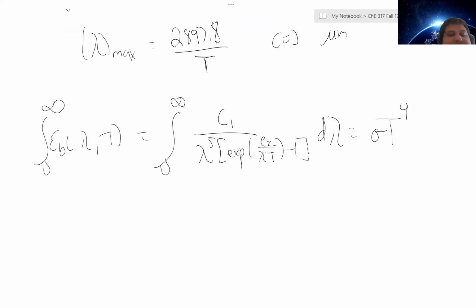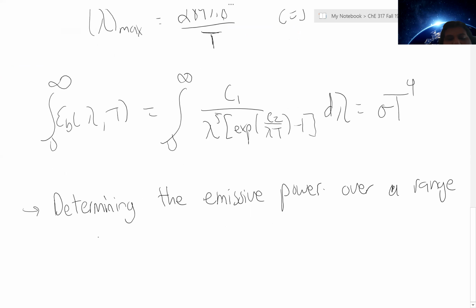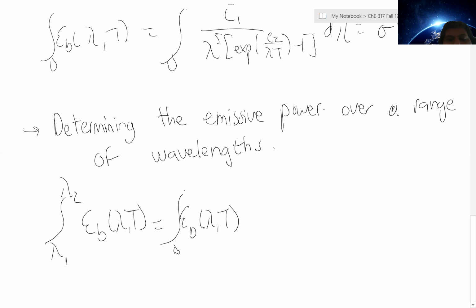But if we're interested in determining the emissive power over a range of wavelengths, or E_b,lambda,T from lambda 1 to lambda 2, what we do to identify that is look at the integral of E_b,lambda,T from 0 to lambda 2 minus the integral from 0 to lambda 1.